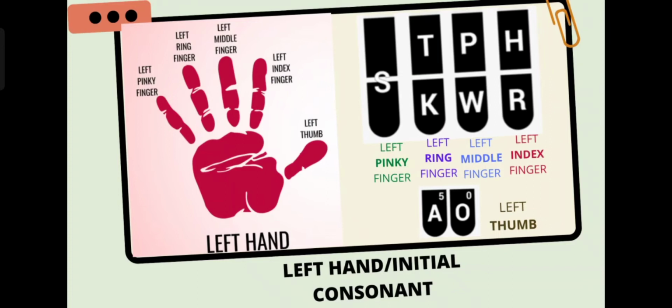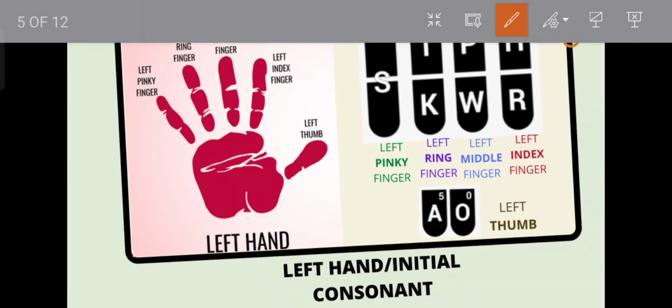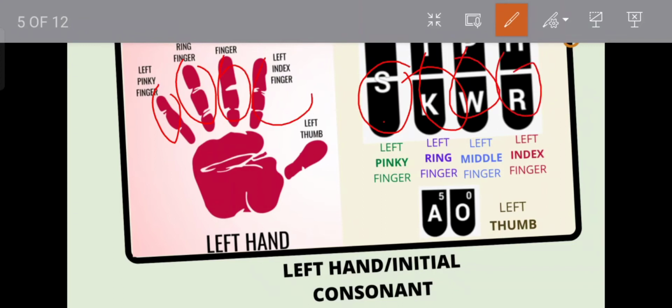So S is for the pinky finger, T and K for the ring finger, P and W for the middle finger, H and R for the left index finger, and then the thumb would be for the vowels A and O.